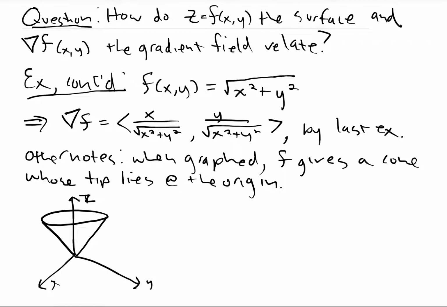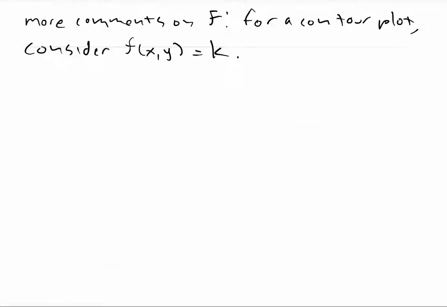Get a cone whose tip lies at the origin. If you weren't certain that this was a cone, or if you weren't certain which direction this guy opened in, what you could consider is what happens when you get a contour plot of this, right? Remember, for contour plots, you go setting your function equal to assorted constants to get level curves, and then you plot all the level curves on a graph.